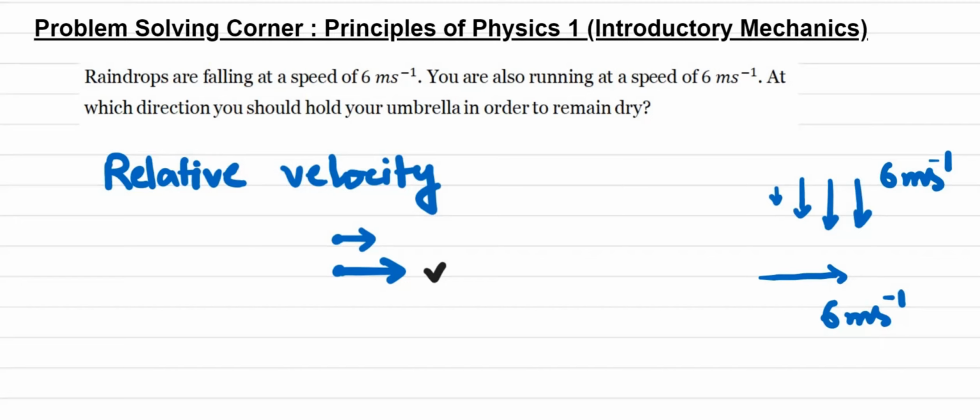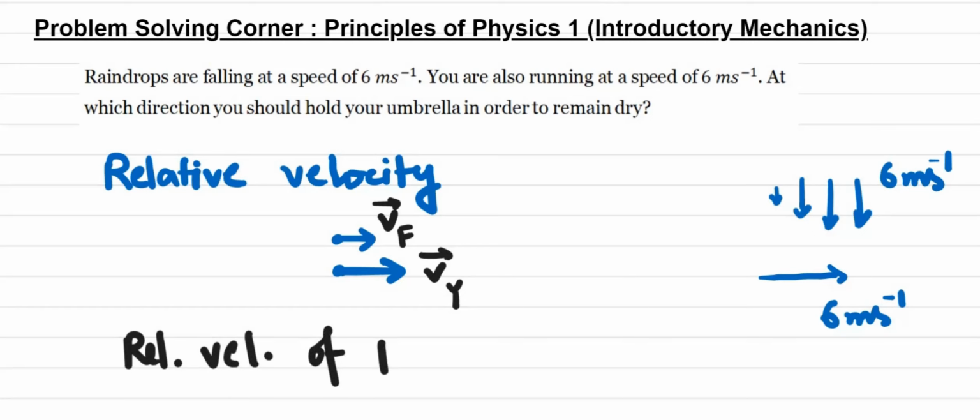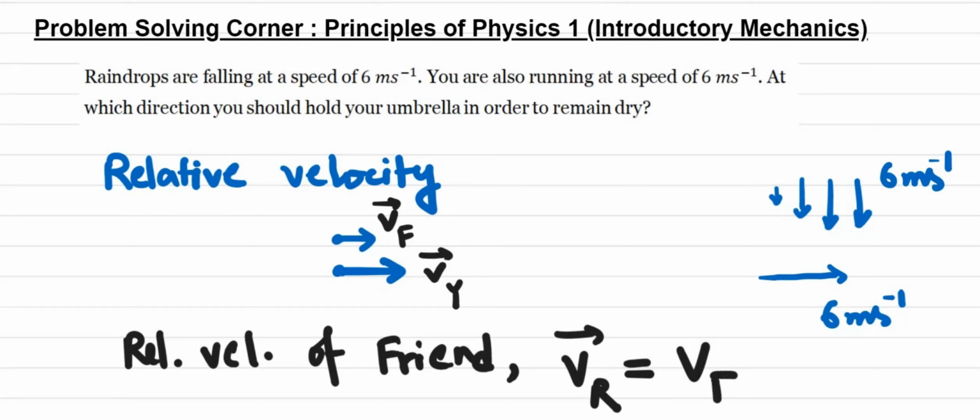Now, if your velocity is Vy, and your friend's velocity is Vf, then the relative velocity of your friend is given by Vr, where R stands for relative, equals your friend's velocity minus your velocity.